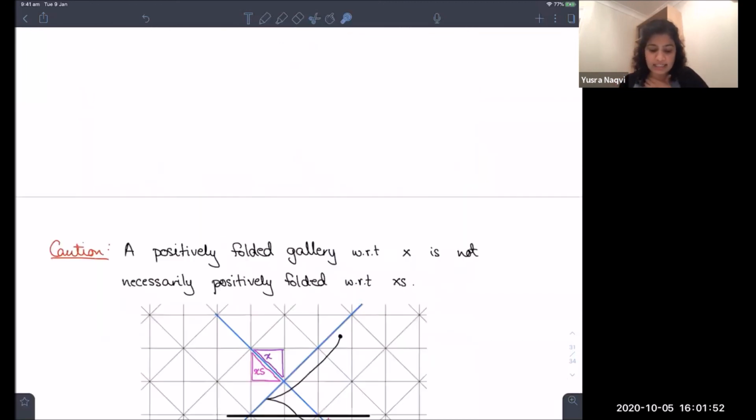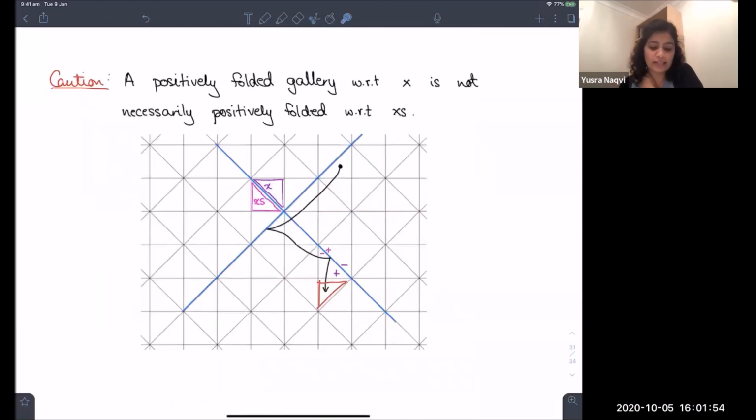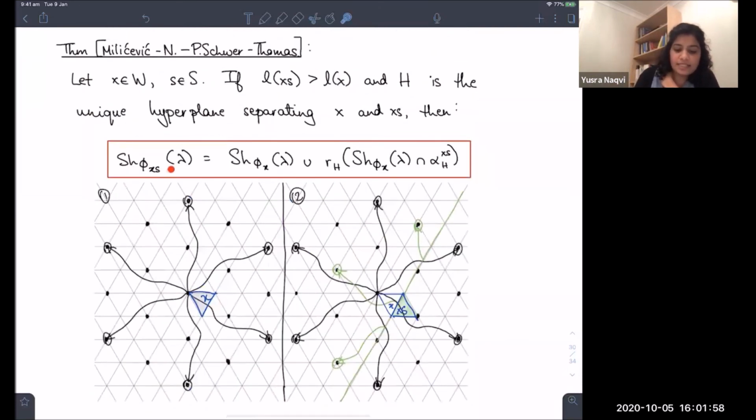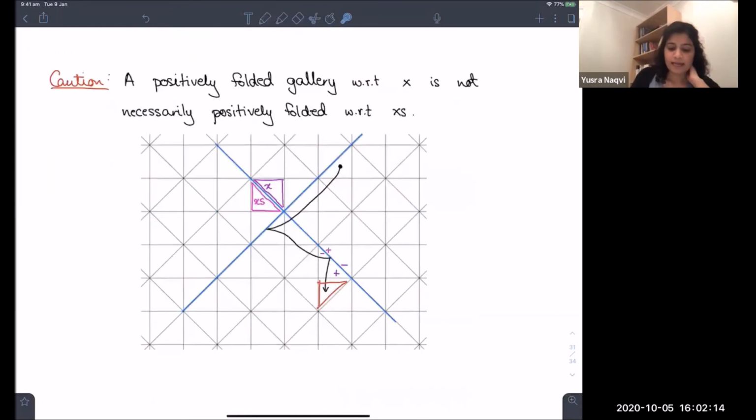I should say that it's not actually true at the level of galleries. And the hard part is I'm saying that I get these new points which would be positively folded because I'm moving them away from XS. And that's all well and good for this part. The shadow of the old thing, the fact that I can keep all these old black points that I had is actually the trickier part over here, because a positively folded gallery with respect to X is not necessarily positively folded with respect to XS anymore.